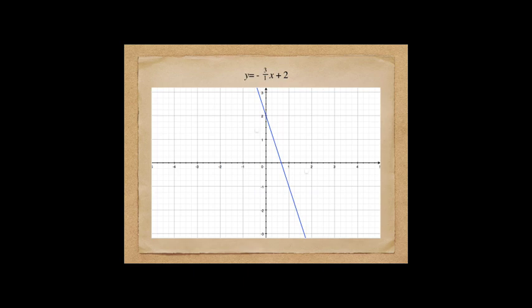All right, next we're going to look at the y-intercept. This time it's a positive 2. Again, if you put 0 in for x, negative 3 times 0 is 0, and you get y equals 2. So that's how you go from the intercept to the equation to the point.